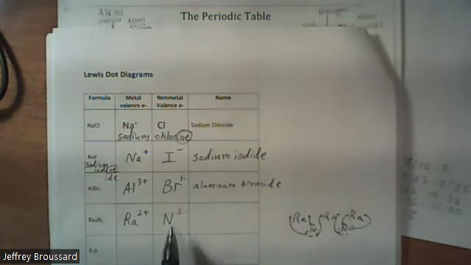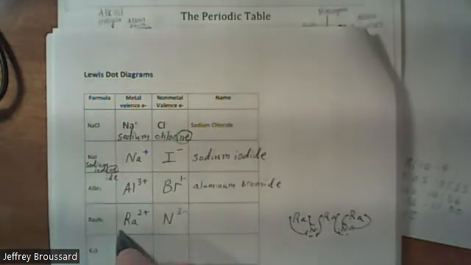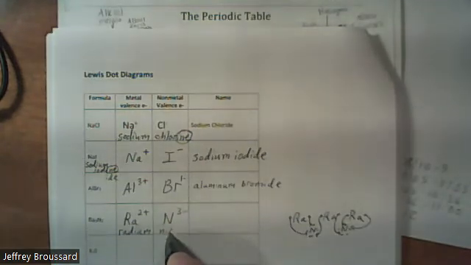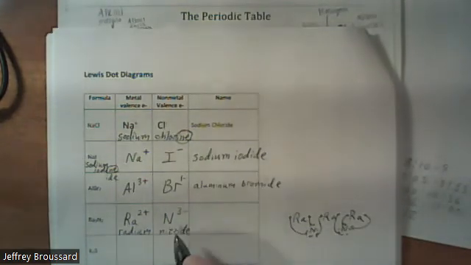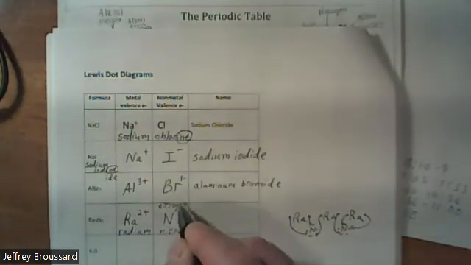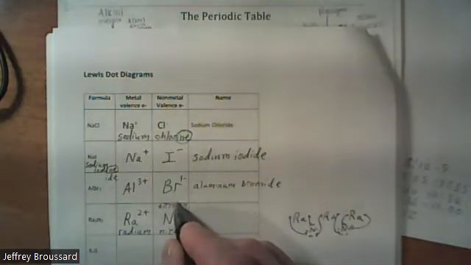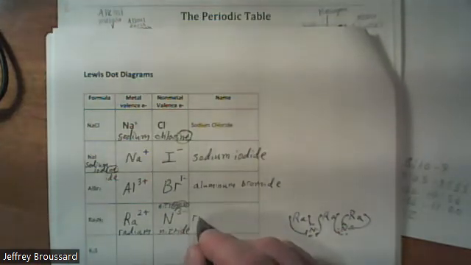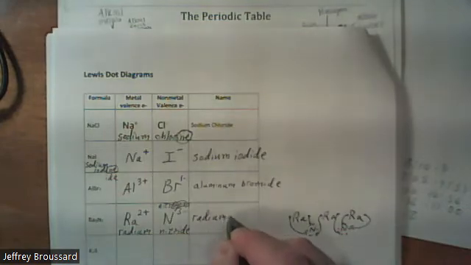That's going to make it 3 negative. We would call this radium nitride. So nitrogen lost that ogen and became IDE. So now we have radium nitride.